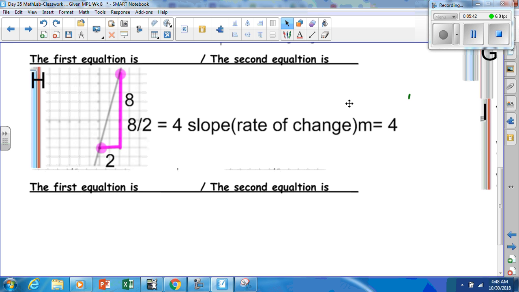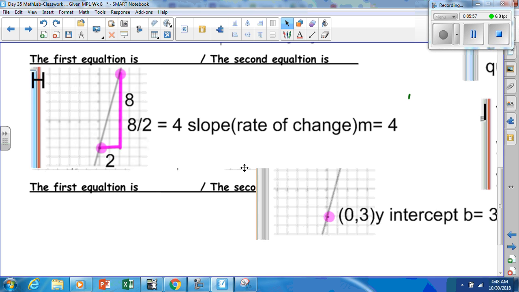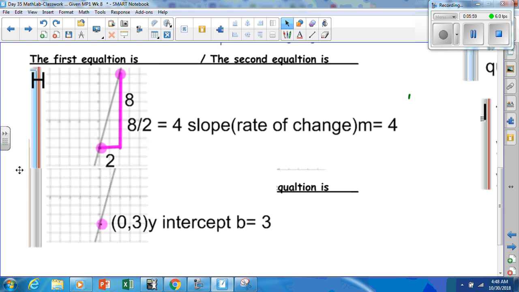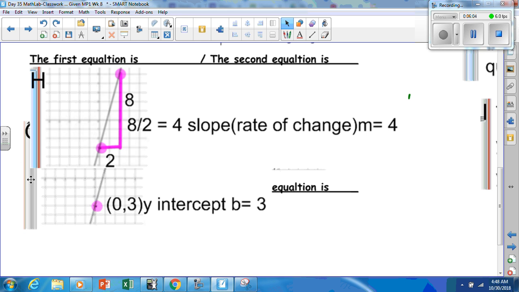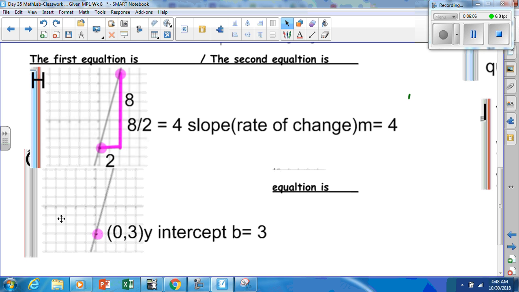Yay, that was simple. I also got to recognize that I got a y-intercept that I can account for. My y-intercept is simply the value of y when x is 0. And that value is 3. We put those into the equation, and what we'll notice is easy peasy.